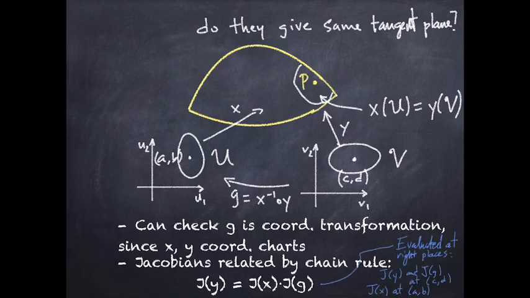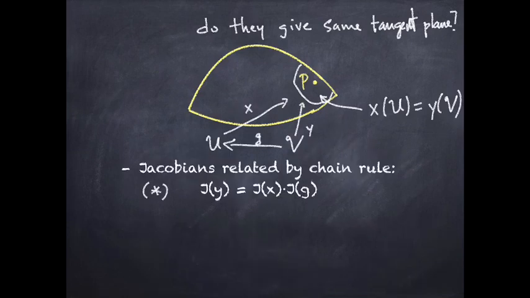When we evaluate them at the right place, for Y and g evaluating at C, D, X at A, B, then we get matrices with numerical entries, right, instead of just functions in the entries. So this is an honest matrix product on the right, and so this equation is going to really help us understand why the coordinate charts don't change the tangent plane.